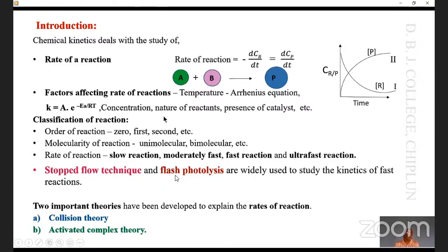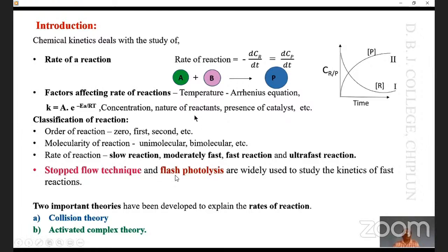The next factor is the nature of the reactants. The rate of a reaction depends upon the nature of a reactant. Nature of a reactant is nothing but whether these reactants are in a gaseous state or in the form of ions. When the reactants are in a gaseous state, these reactants react very slowly.